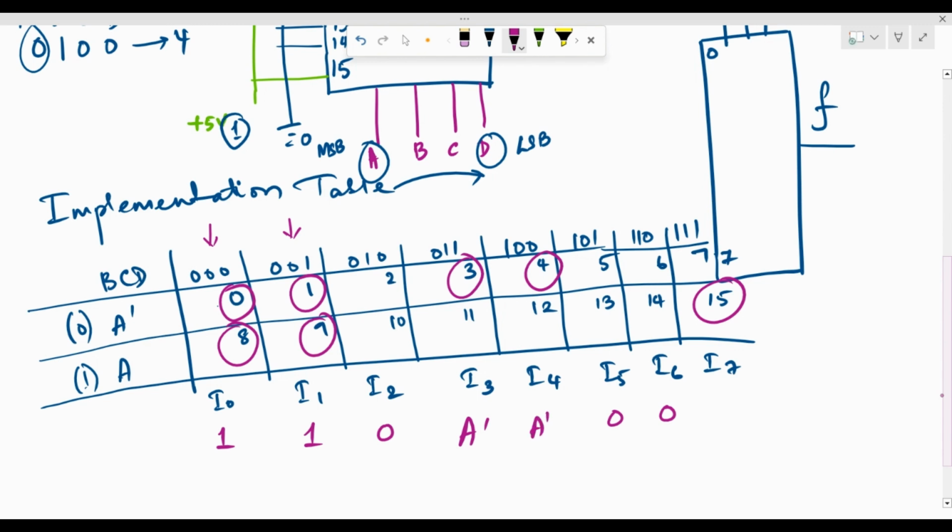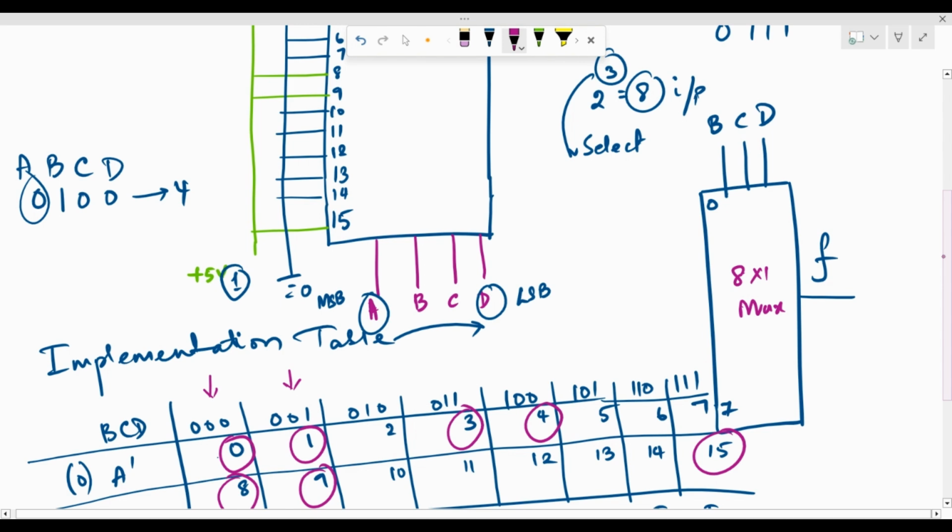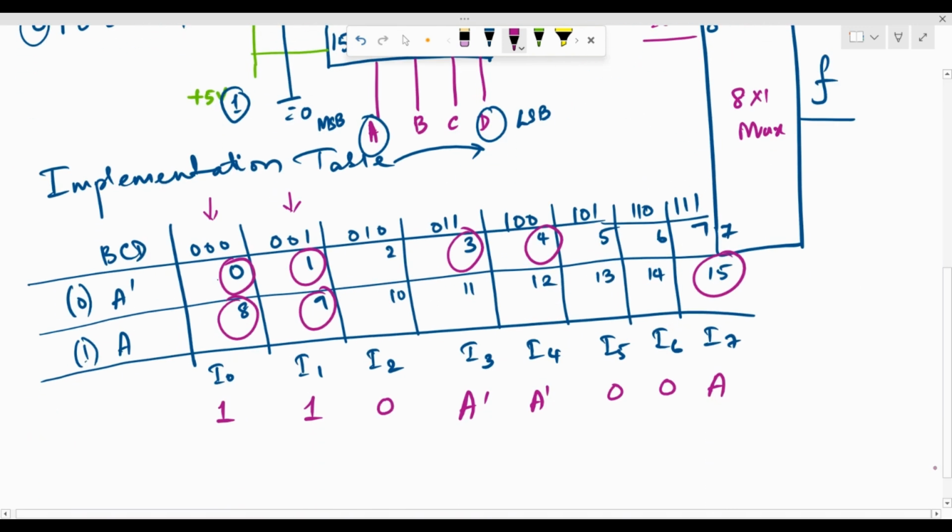And here we see for I7, the bottom row is circled, which means it corresponds to A. So I7 is now going to be connected to A. So for this 8 cross 1 mux with BCD as our select lines, I0, I1 are both high, I2, I5, I6 are grounded, I7 is connected to the fourth input which was not involved in forming the select lines, that is A, and I3, I4 are connected to A dash.